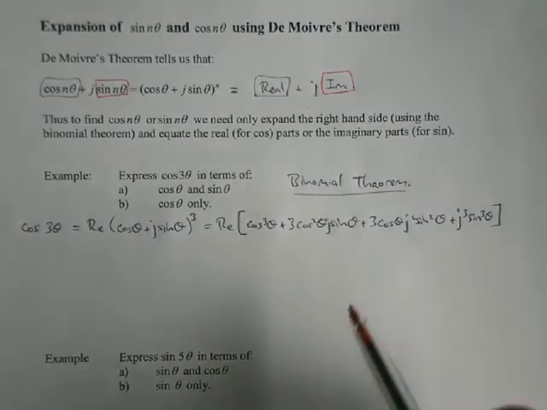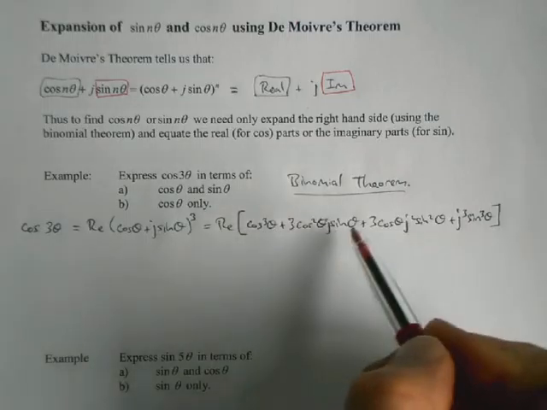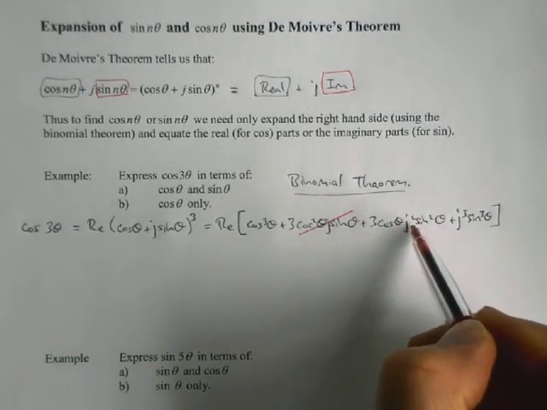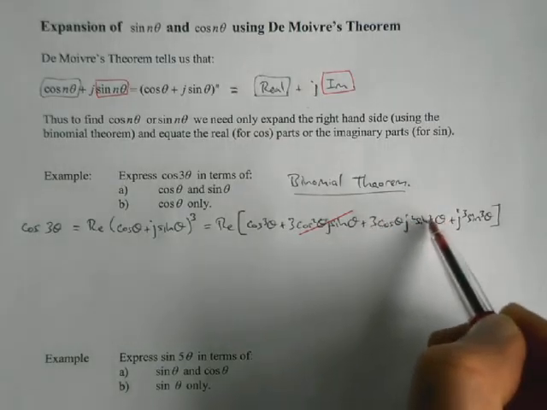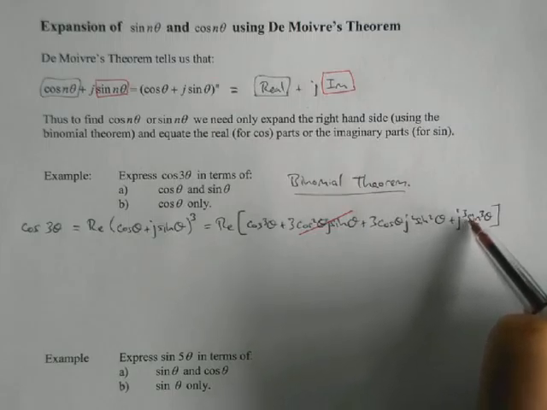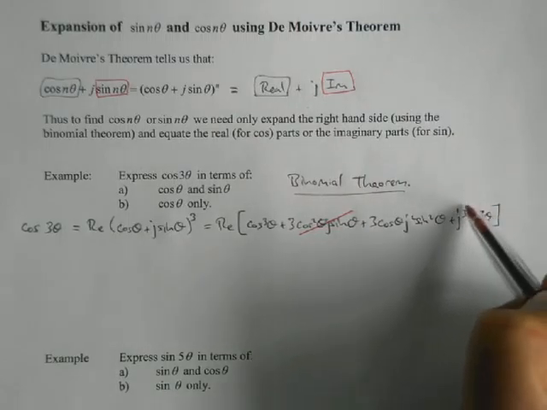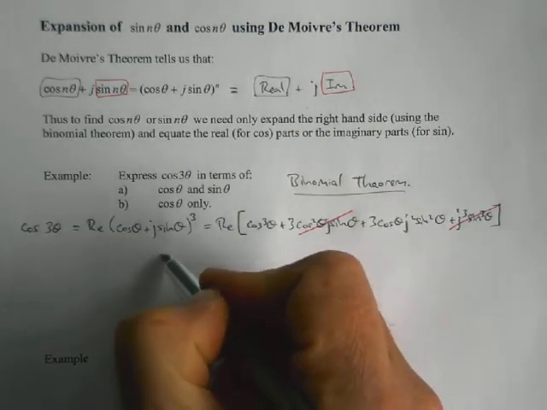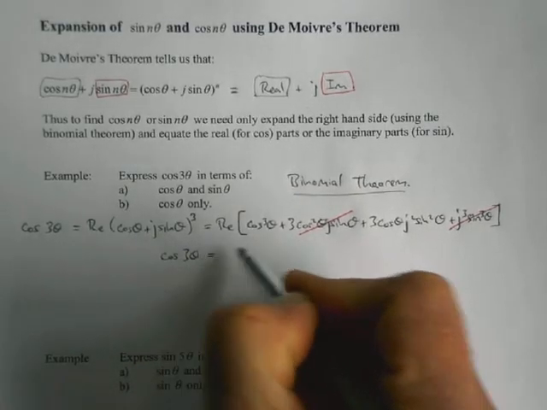Now we're only after the real parts, so any parts which are imaginary we can do away with. So that's a real part. This has got a j in it, so that's imaginary. This has got a j squared, but j squared is equal to -1, so that's going to come back to being real, whereas j cubed is imaginary because it's j times j squared. J squared is -1, so it's negative j, so that bit's imaginary as well, so we're not interested in that portion.